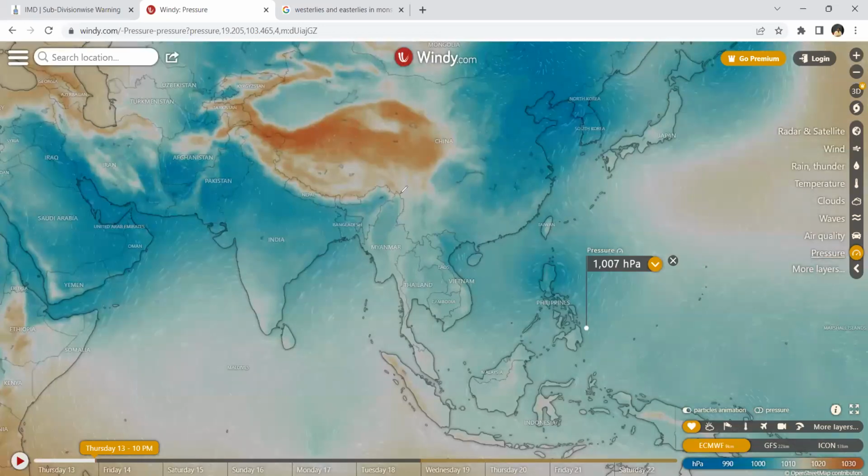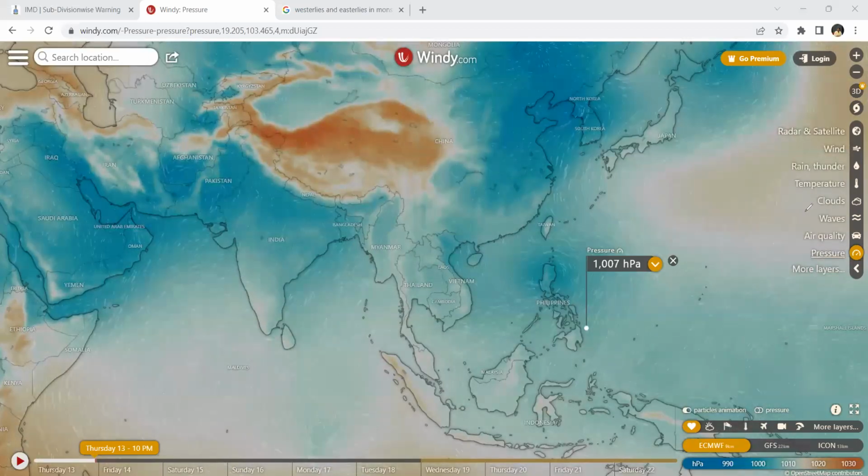So currently we are looking into the pressure. This is basically windy.com, where you can look into forecasts of different weather models. So I am showing you the ECMWF forecast because from previous experience, I feel it is more reliable compared to GFS and ICON in terms of forecasting for the Indian monsoon.